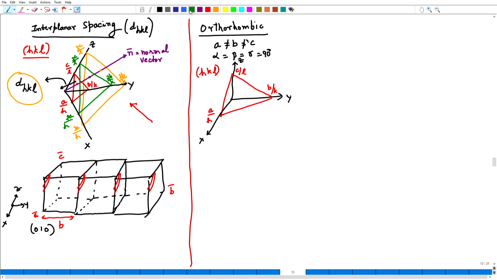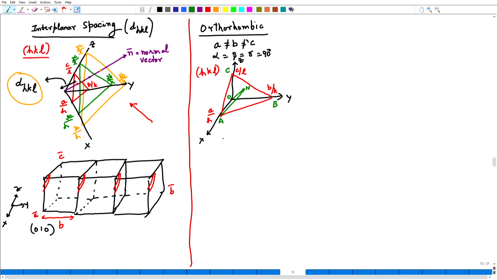Now, consider dropping a perpendicular from the origin. Let me just label this. The origin is O, the perpendicular meets the plane at N, and let me also say that these intersection points are A, B and C. Let me draw a line from A to N. So, I have this triangle OAN, but first of all, since ON is perpendicular to the plane HKL, any line on that plane would also be perpendicular to it.